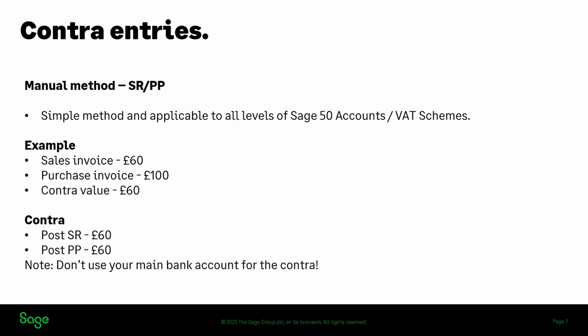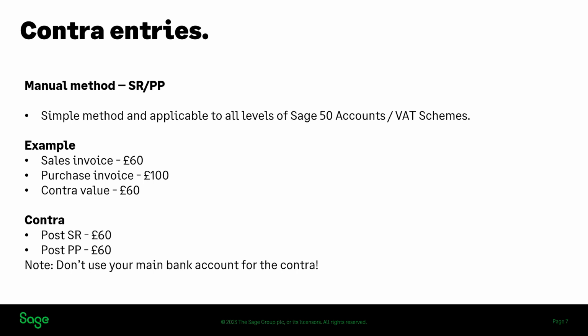Now, when we post that customer receipt and supplier payment for the contra amount, don't use your main bank account. That's the one bit of advice I would give you on that one.